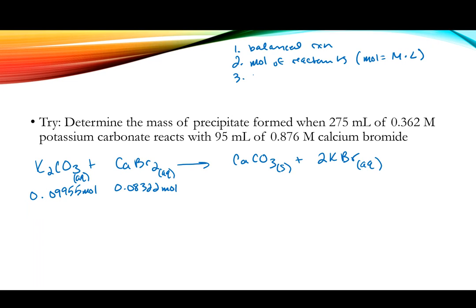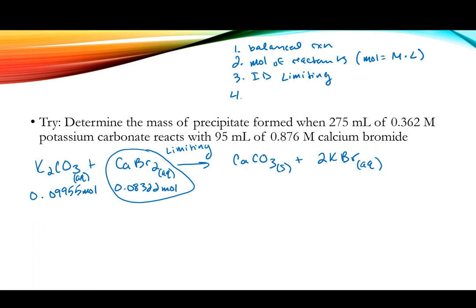Step 3 is going to be to identify your limiting. Now this is a 1-to-1 ratio. So for every 1 potassium carbonate, I need 1 calcium bromide. So if I had 0.09955 mole potassium carbonate, I would need 0.09955 mole calcium bromide. I don't have that. So that makes calcium bromide the limiting.